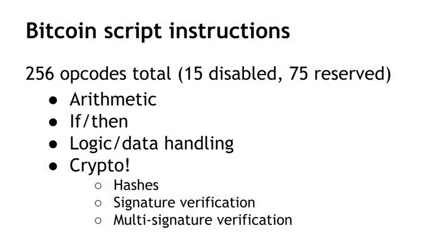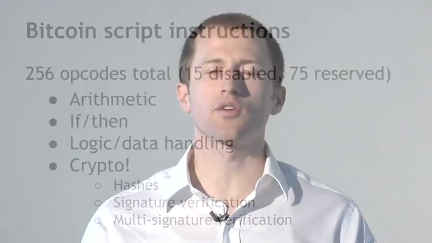So there's a lot of the basic instructions that you'd expect in any programming language. There's basic arithmetic, basic logic like if and then, throwing errors, not throwing errors, returning early. And finally, there are crypto instructions, like I said. So there are hash functions, instructions for signature verification, and there's a special, very important instruction for multi-signature verification.